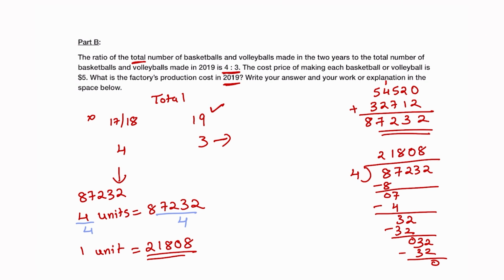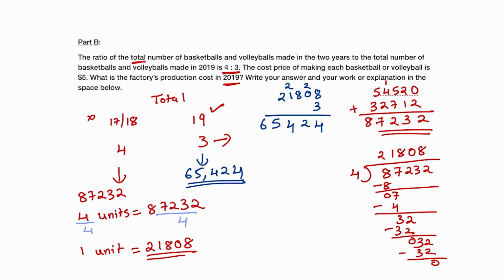So let's do the calculations here. 21808 times 3. That's 24. 2 there. 2 comes down. That's 24 again. 2 goes there. That's 5. And that's 6. So 3 units is 65,424. So that's the total production of both basketballs and volleyballs in the year 2019.